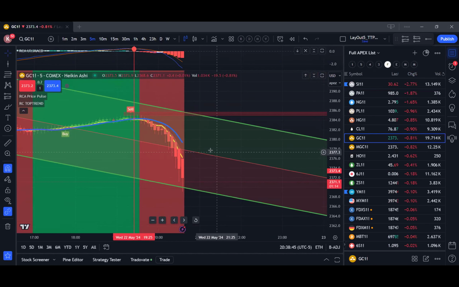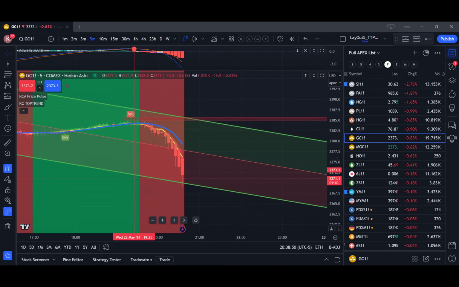But we don't take a long position. We'll just wait for the next sell signal to get that.